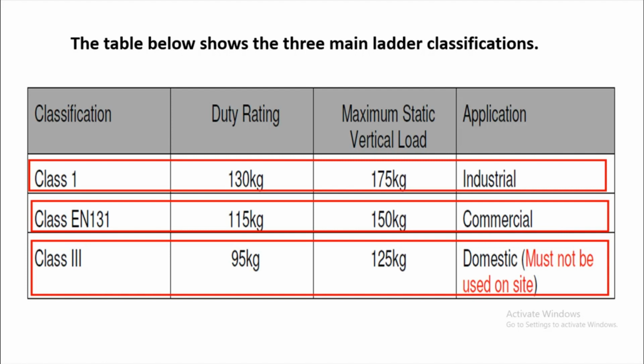But I would recommend Class 1 because it has a heavy duty rating of 130 kilograms. Remember, we will assume 100 kilograms per person, and then you have another 30 kilograms as a factor of safety for your materials, etc. So I will recommend Class 1 for site use.